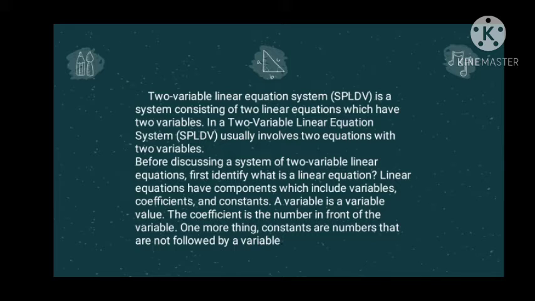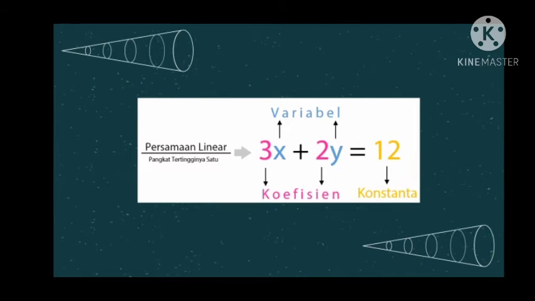Constants are numbers that are not followed by a variable. Furthermore, we can differentiate between variable, coefficient, and constant from the following example, where 3 and 2 are coefficients, x and y are the variables, while the constant is the result of the equation.